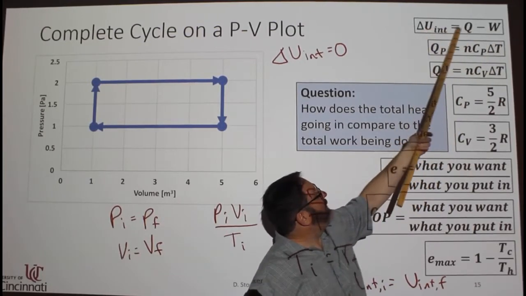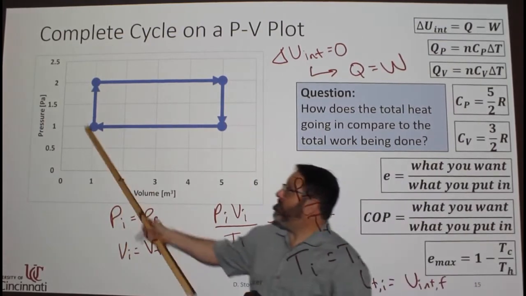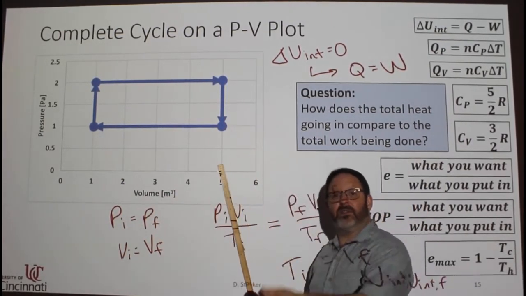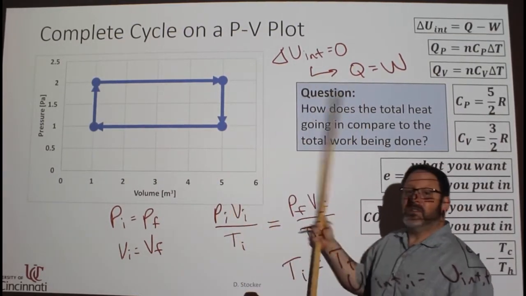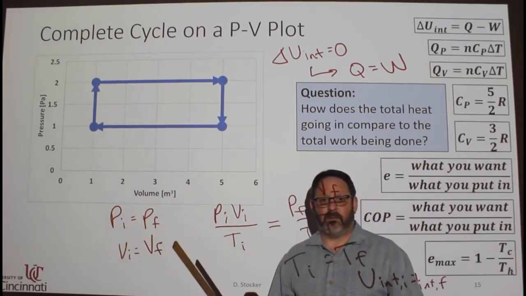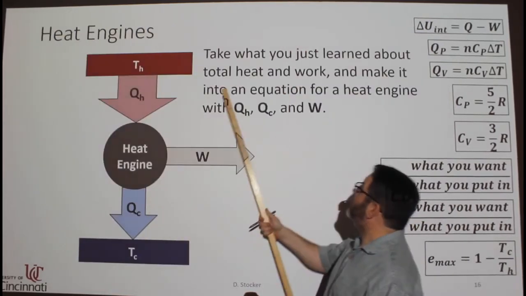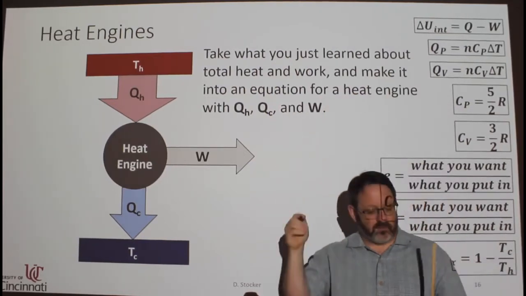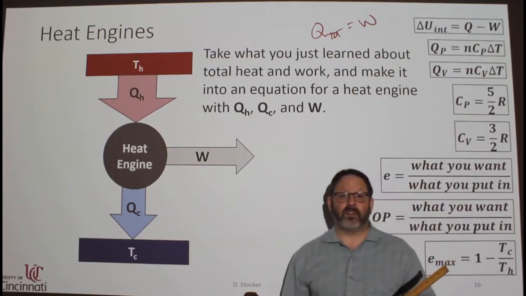So if 0 equals Q minus W, that means if you go in a complete closed circle on a PV plot, and don't let any molecules in or out, so a closed system, then the heat that goes into that system has to be equal to the work done by the system. Now we can go back to the other slide. Take what you just learned about total heat and work going through a complete cycle. So total heat is equal to the work done.